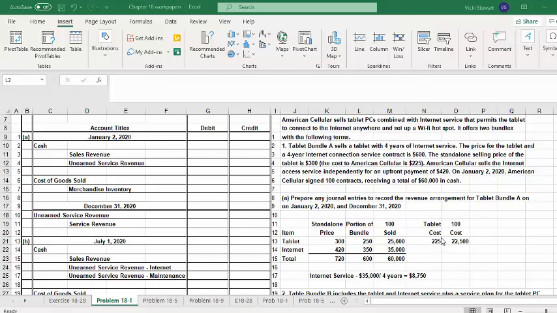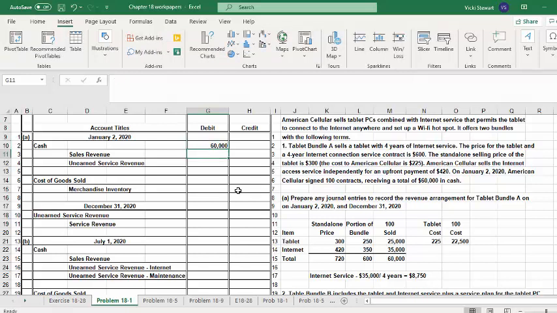The problem also told us that the tablets cost $225 each, so cost of goods sold will be $22,500.